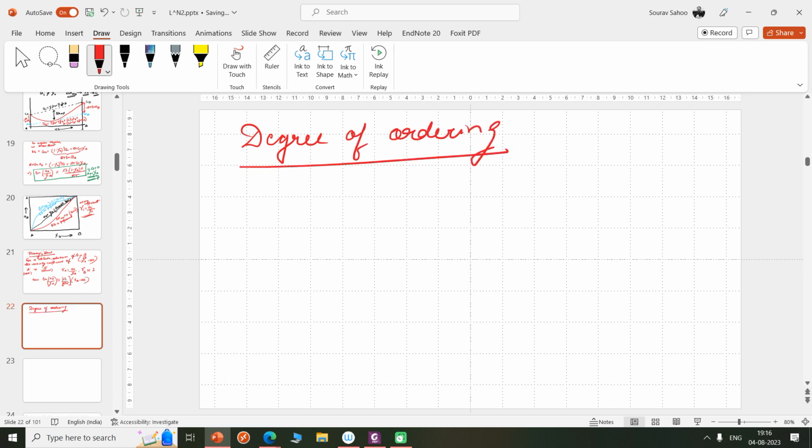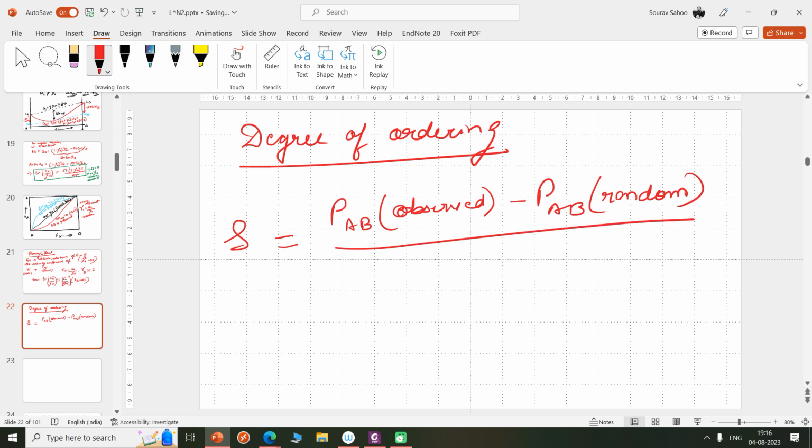This degree of ordering is given by the S parameter, which is the number of AB bonds observed minus the number of AB bonds at random, divided by the number of AB bonds maximum which is possible minus the number of AB bonds taken again at random.